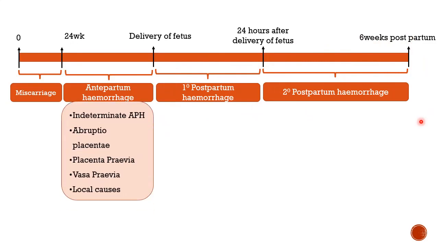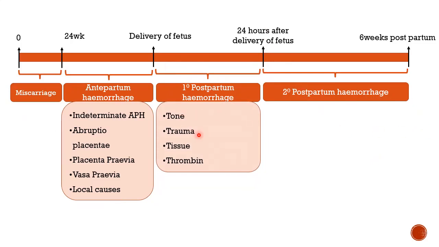When we look into antepartum hemorrhage, the commonest is indeterminate APH, meaning we don't know what the cause is. It can also be because of abruptio placenta, placenta previa, vasa previa, or local causes such as cervical erosion. PPH is defined as bleeding from the genital tract of more than or equal to 500 cc after delivery of the fetus. You subdivide it into primary or secondary depending on when the PPH occurred.